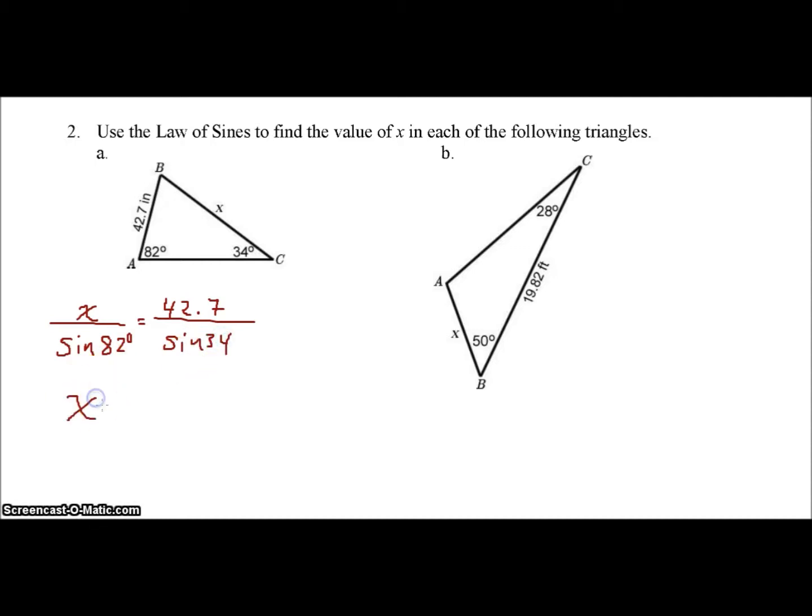That means x equals 42.7 over sine of 34 times sine of 82 degrees, of course. That gives us 75.62 inches.